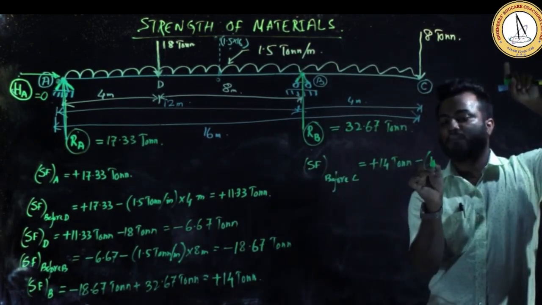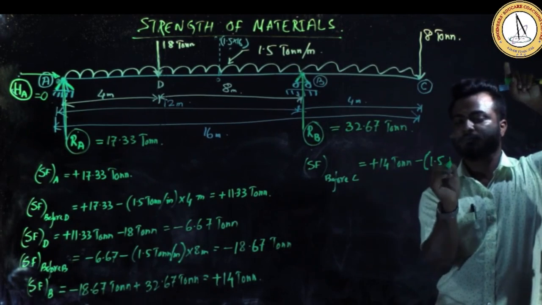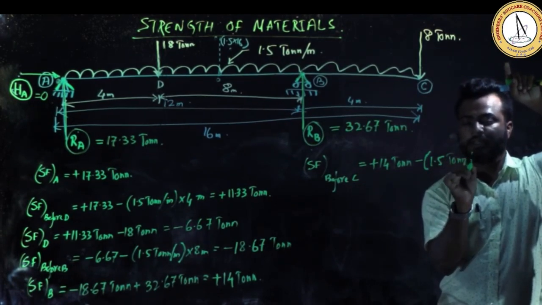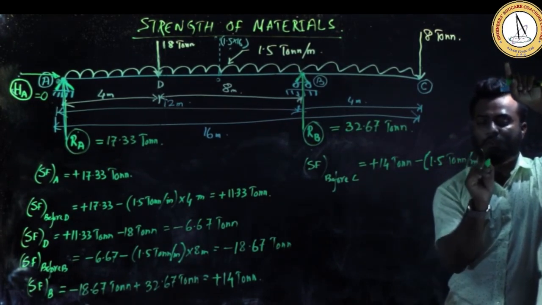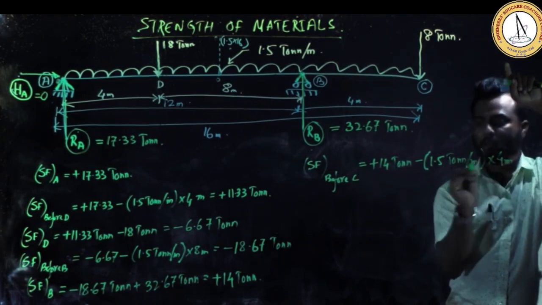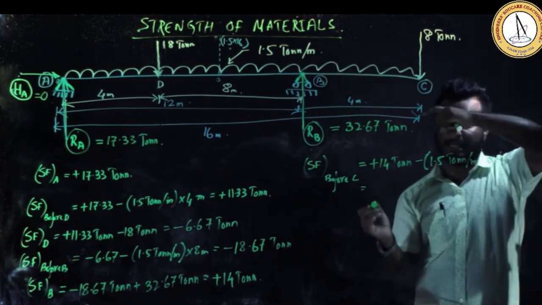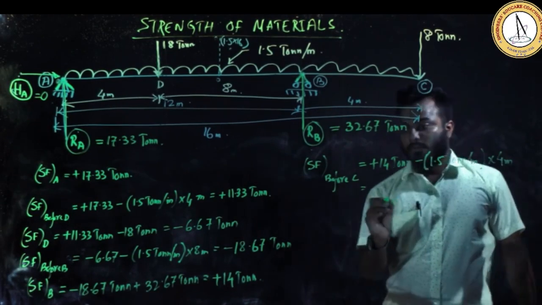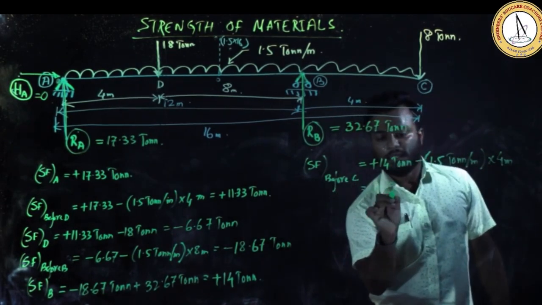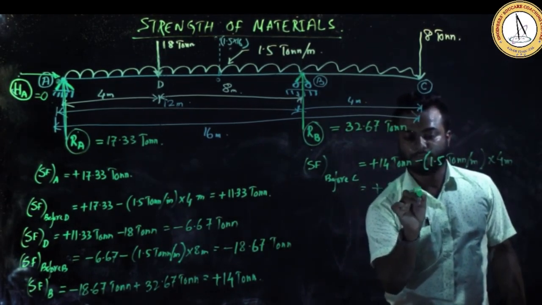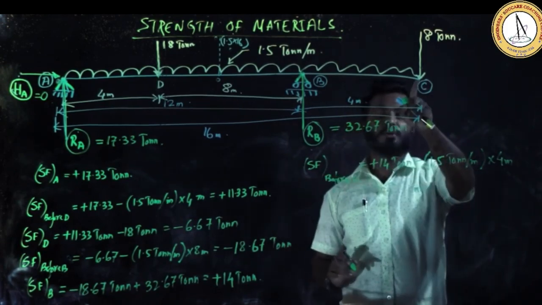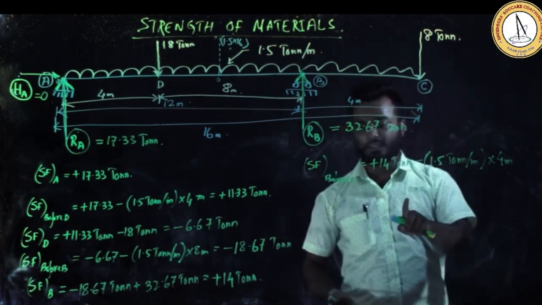So minus 1.5 ton per meter into 4 meter. If you solve it, you will get the answer plus 8 ton. So just before C your shear force is plus 8 ton.